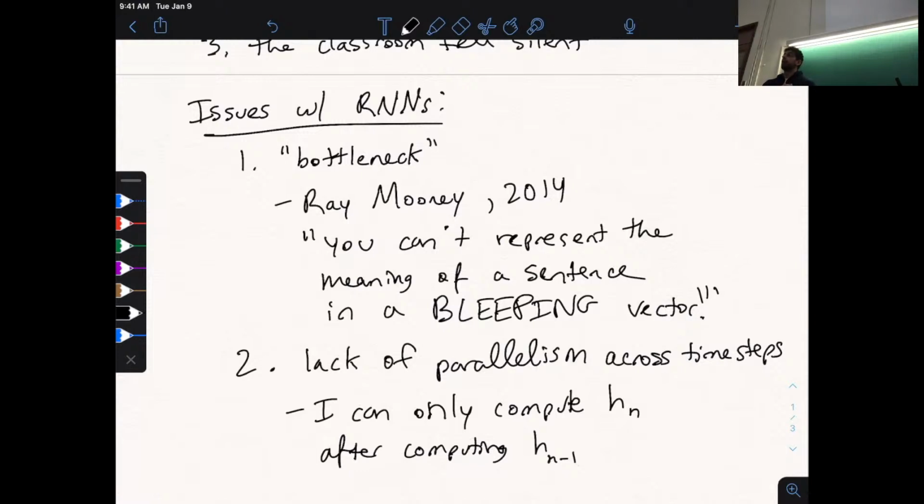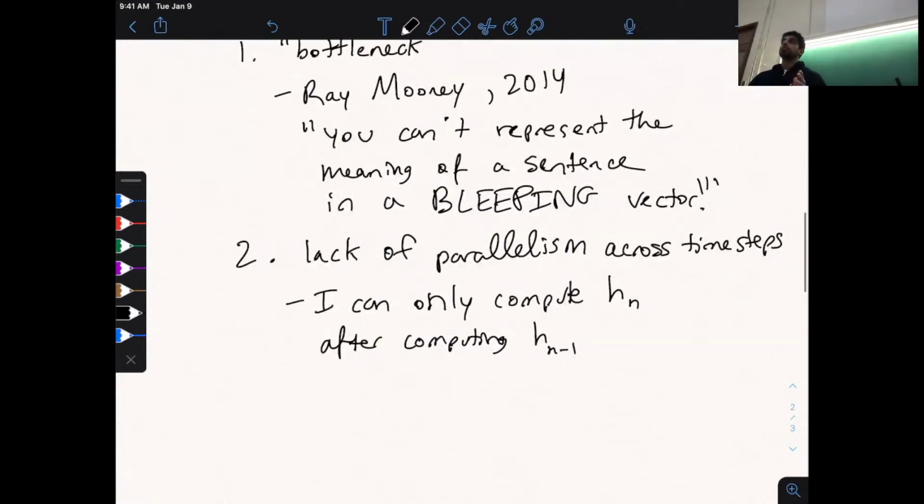So the operations necessarily have to happen sequentially, which means that it's going to be very hard for me to scale this to longer sequences and bigger and deeper models. So ideally, at least during training time, it would be great if I had a way that I could compute all of the time steps at all positions at once without requiring this dependency on the previous hidden state. Okay, do both of those make sense?